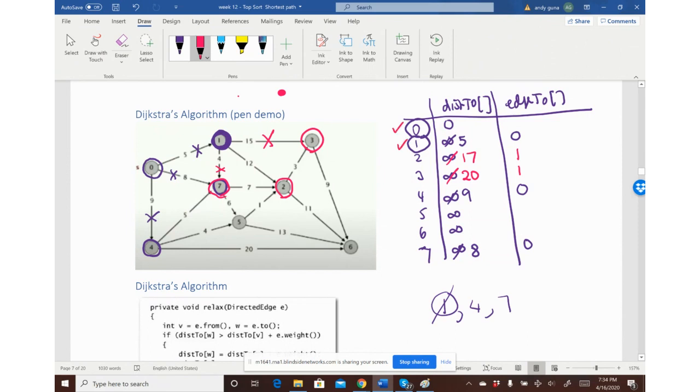Okay, so in my priority queue now, I have 17, 29, and 8. So what's the next node I should pick? 7. Okay, because 7 has the smallest of the distances so far, right? The 0 and 1 are processed, so we don't touch those.